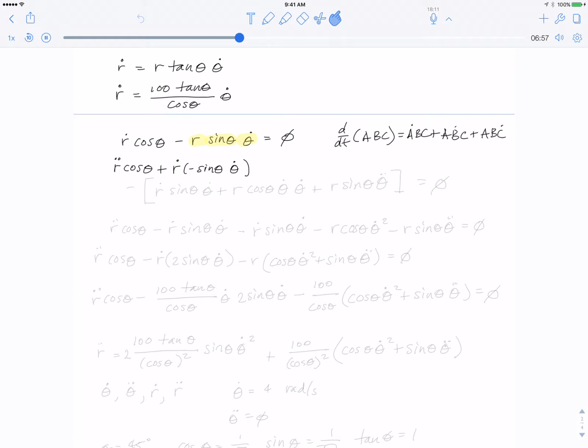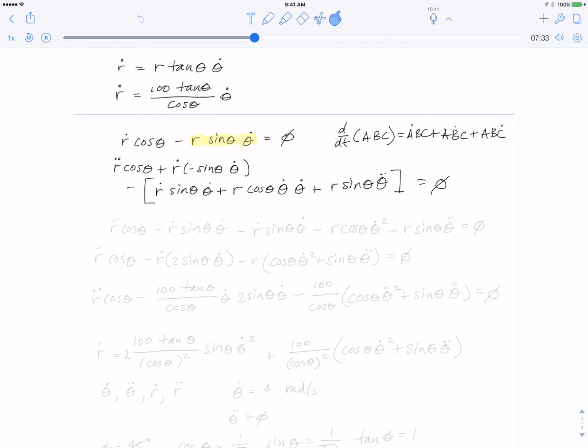So it's minus the whole thing: r dot sine theta theta dot, plus r, derivative of sine theta is cos theta, and by the chain rule throw in another theta dot, times theta dot, plus r sine theta theta double dot, and that all equals 0.